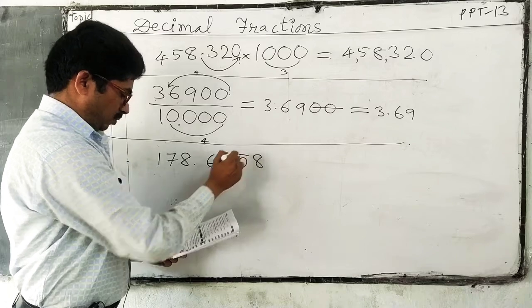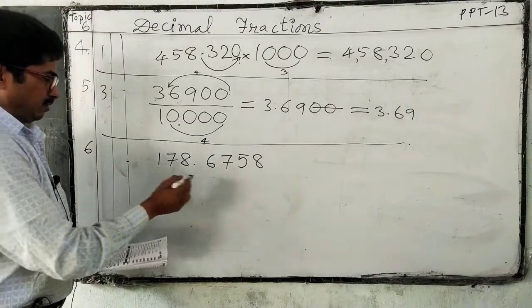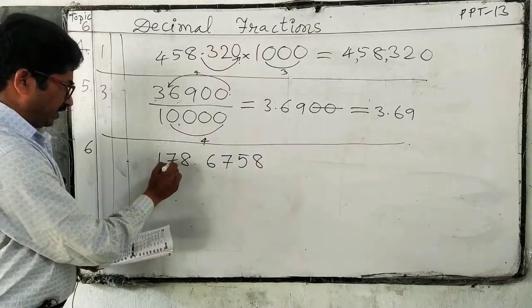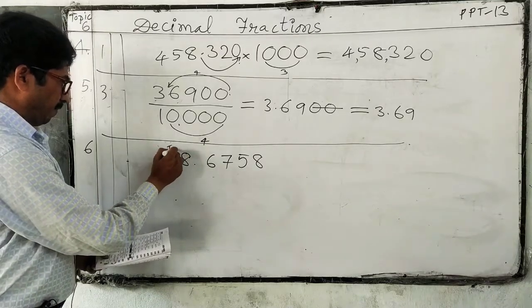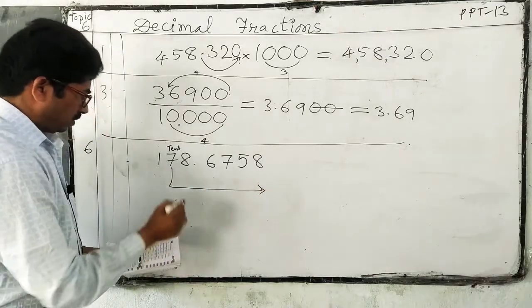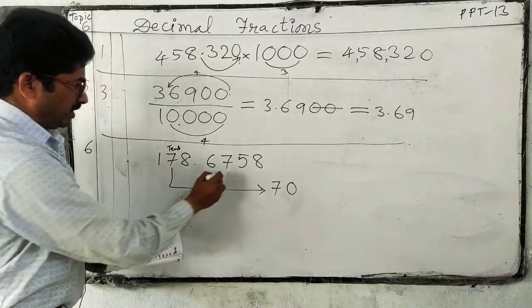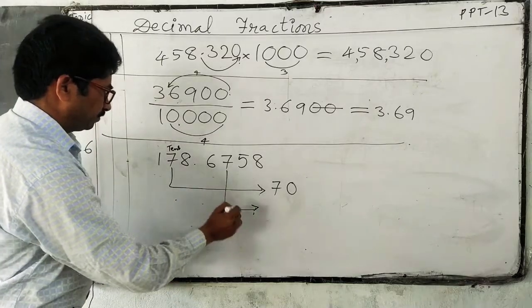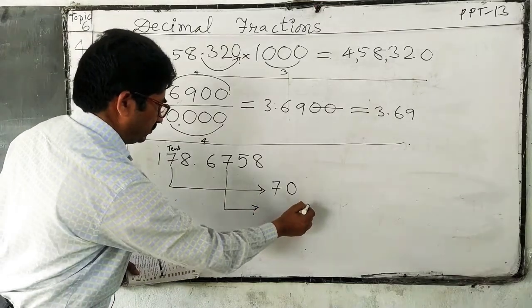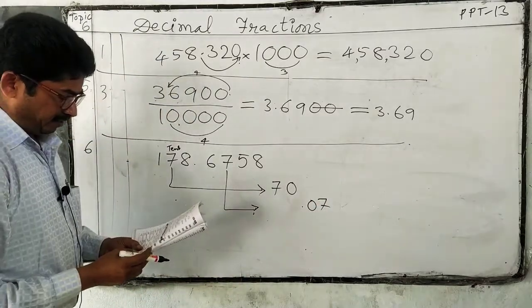Position value of this 7 is 70. Position value of this 7 is 0.07. We have to find the difference.